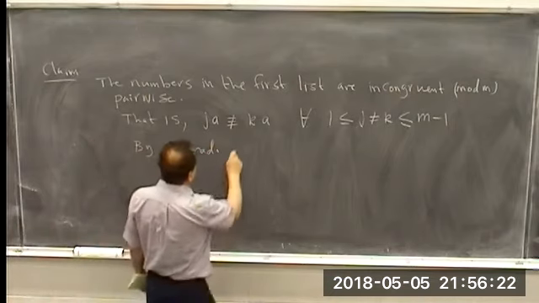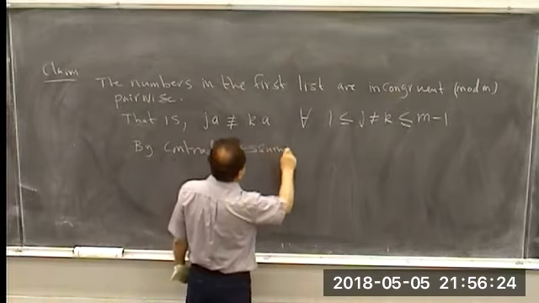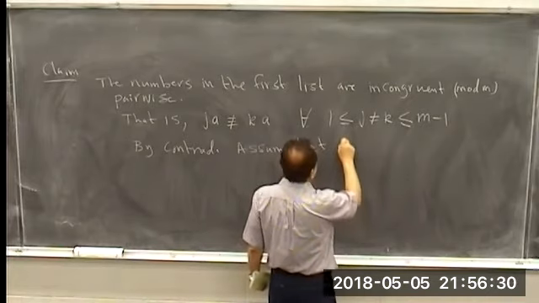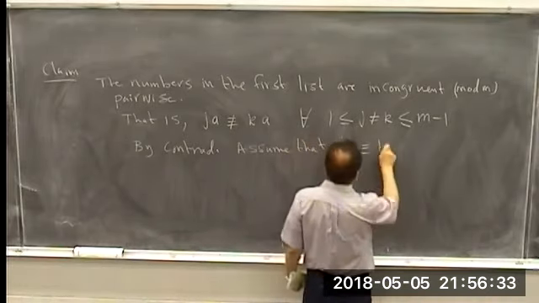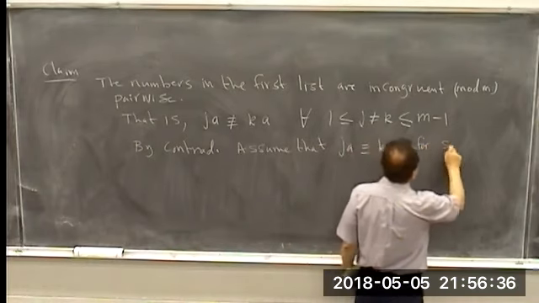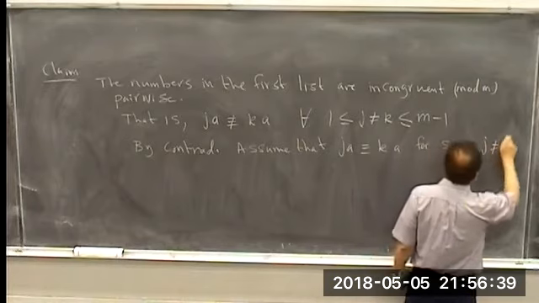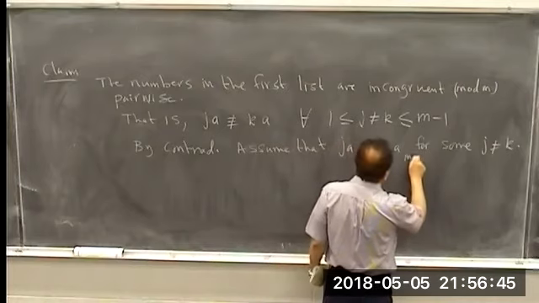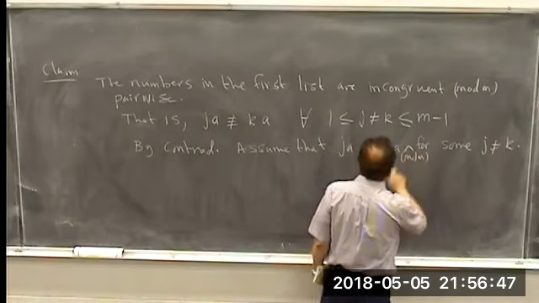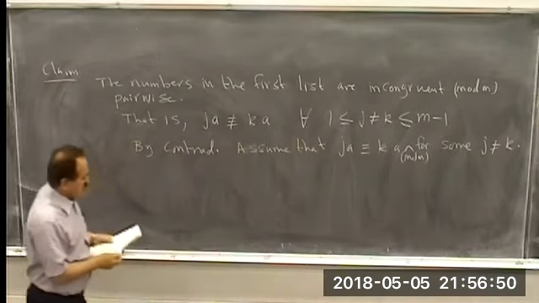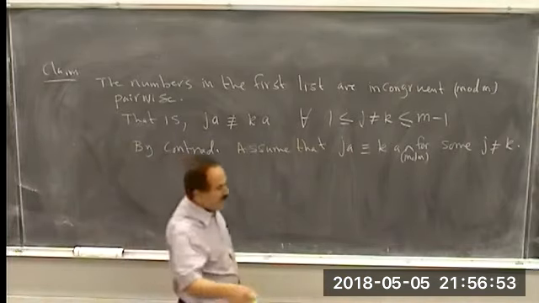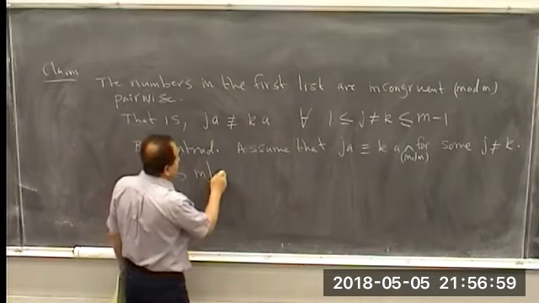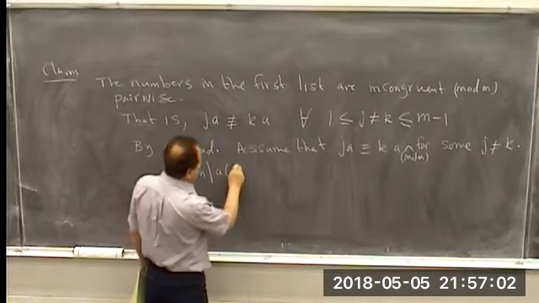So let's assume they are, and jA is congruent to kA for some j not equal to k. And these are mod m, of course, so we need to put mod. Well, what does this imply? This implies that m divides, and we could factor out that A(j minus k).